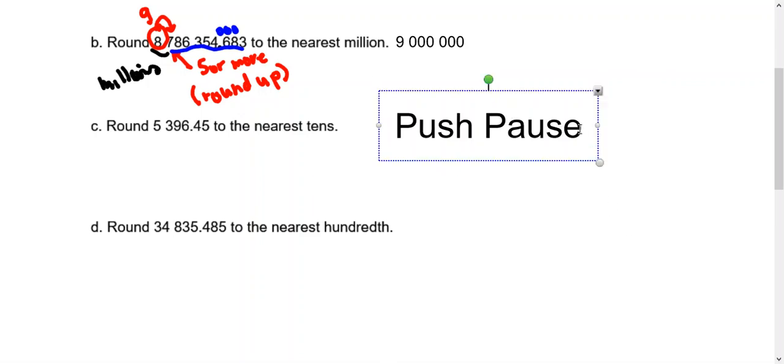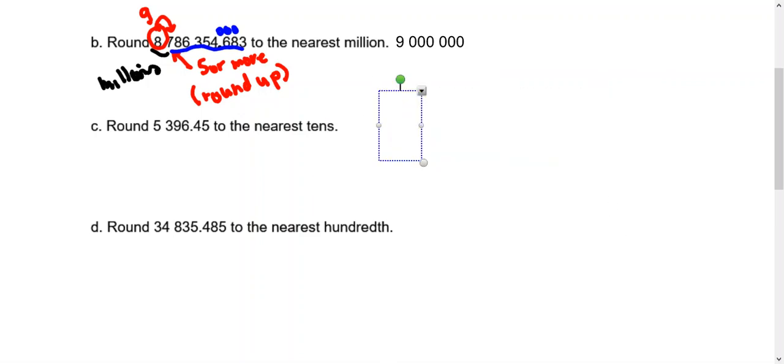Hopefully you tried your thinking. And if you checked your thinking, what should have happened is if you rounded this one to tens, the answer would have been 5, 4, 0. Actually, this one's kind of tricky because this is my 10 spot. I look next door to that 6.